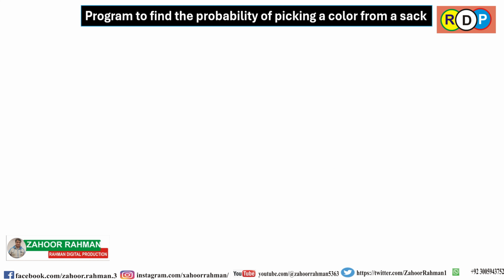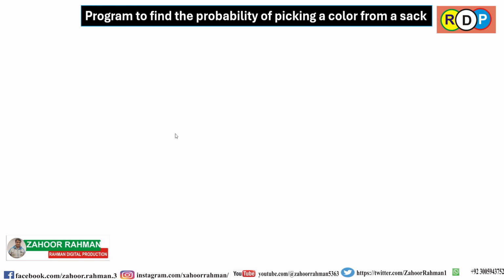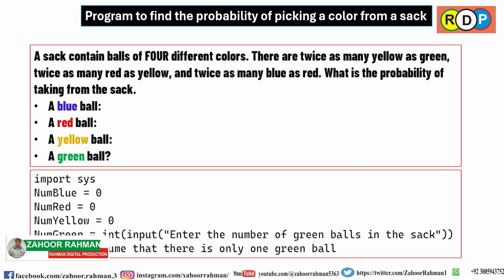Let's move forward. Here I am saying that now number of yellow is equal to twice the number of green as it is given to us here. There are twice as many yellow as green.